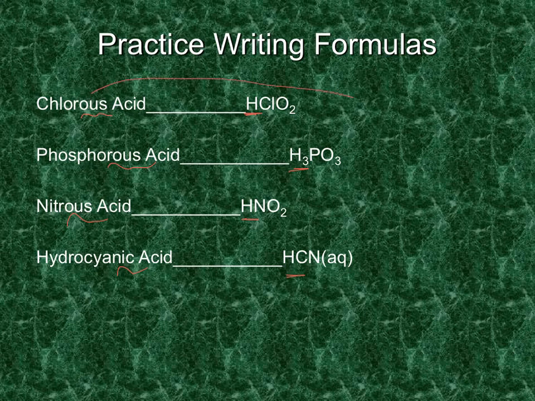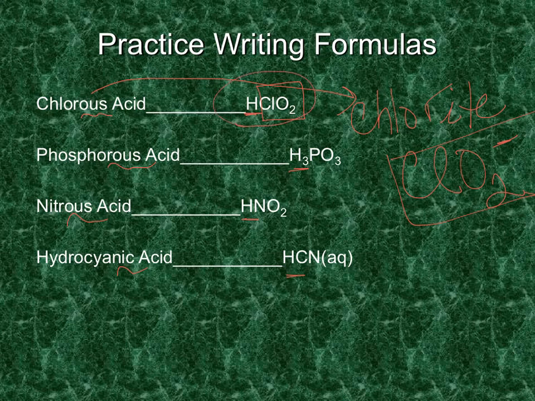If the acid ends in -ous, that means the polyatomic ion ended in -ite. So the name of this polyatomic ion would have been chlorite. So you look up the formula for chlorite in your polyatomic list and you find out it's ClO2 with a minus charge. So there you have your formula, HClO2.